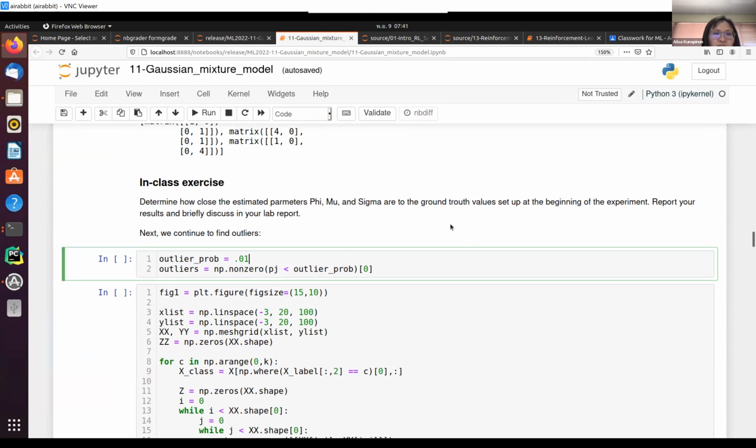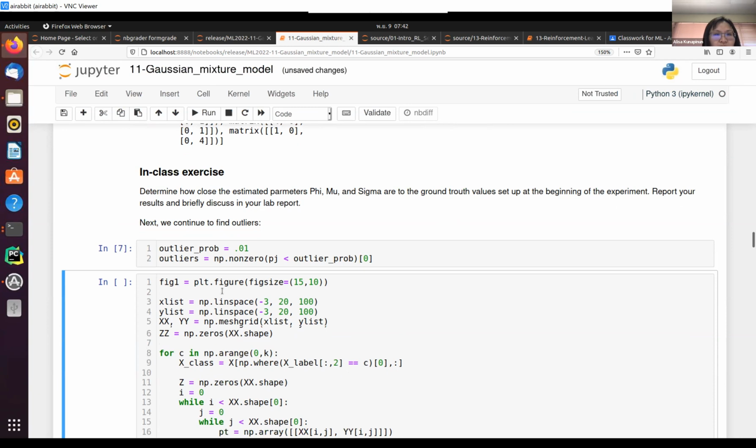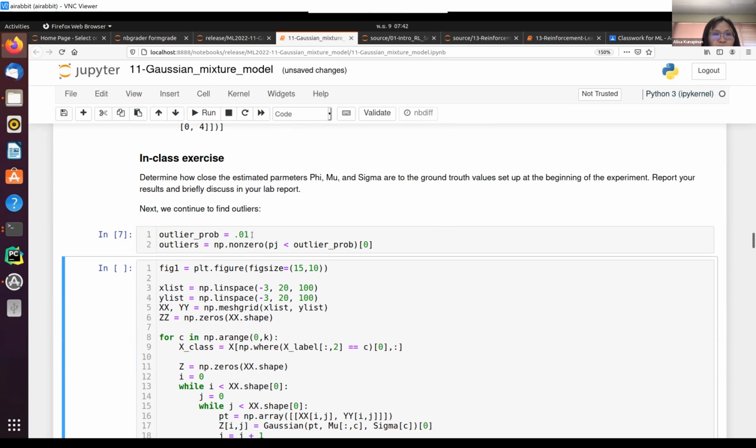Then next, we try to find the outlier. The outlier is some points that should not be calculated because they are too far from the normal parameters. So we remove that. The outlier probability is 1%.